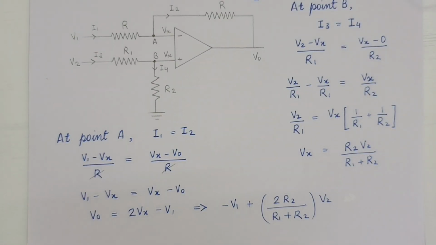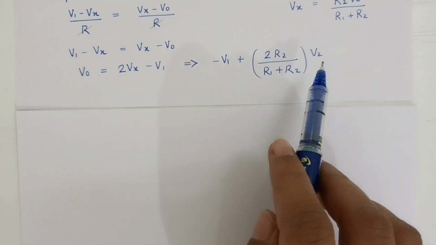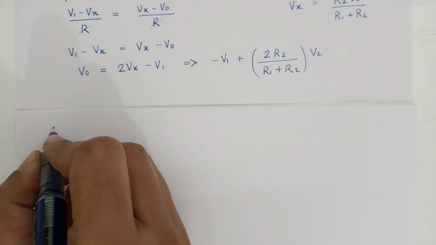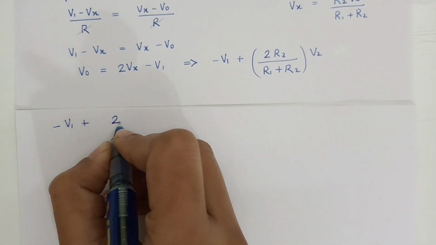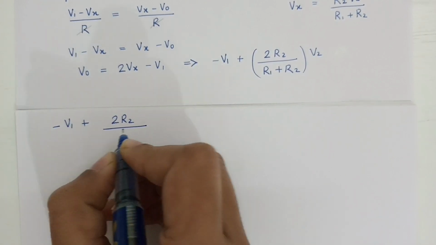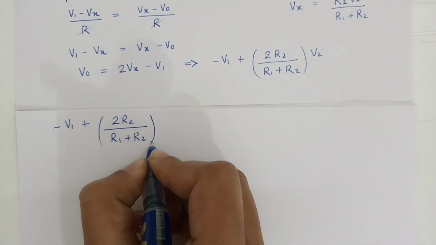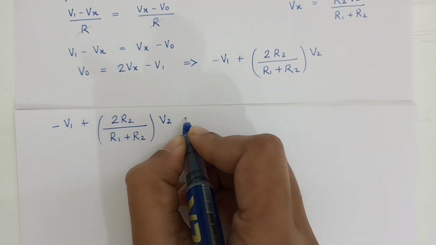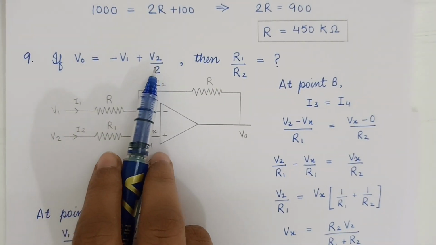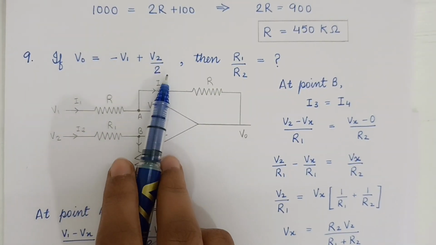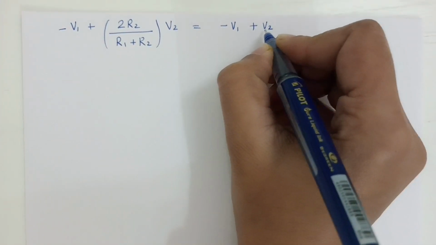So let's compare it. For comparing the values of V0, let's take this part on the left hand side, that is minus V1 plus twice of R2 divided by R1 plus R2 multiplied by V2, which is equal to the value given in the question, that is minus V1 plus V2 by 2.